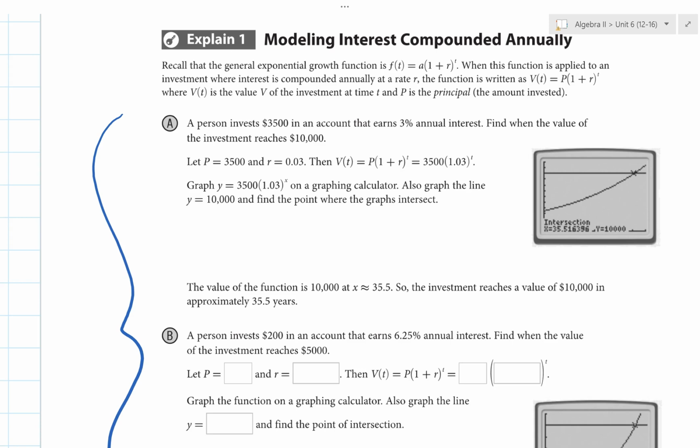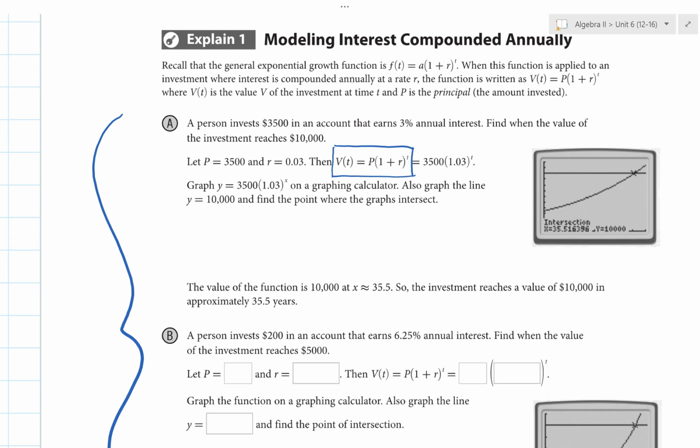Okay, and so when we do compound interest, when we're compounding annually, we're just going to use this equation, V equals principal. So the value of the account is the principal times 1 plus the interest rate to the t power.